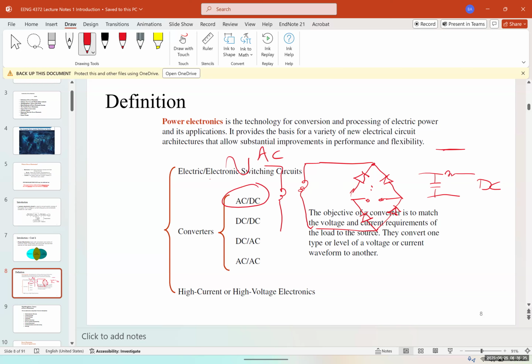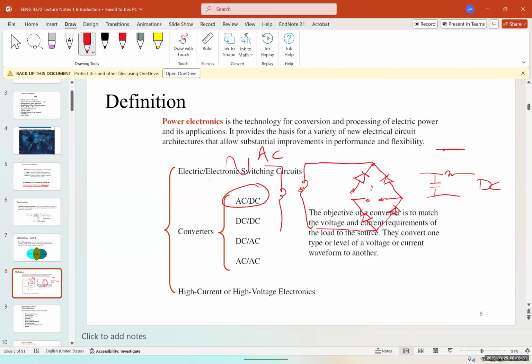What was the application of a rectifier? Where do we need to convert an AC signal to a DC signal? What items require a DC voltage to charge?